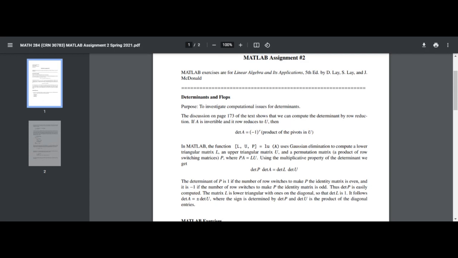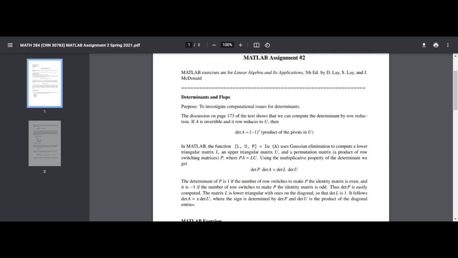But in section 2.5, when you learned about LU factorization, you didn't have any row interchanges at all. You did LU factorization without row interchanges. But in fact, programs like MATLAB use row interchanges to do the LU factorization.